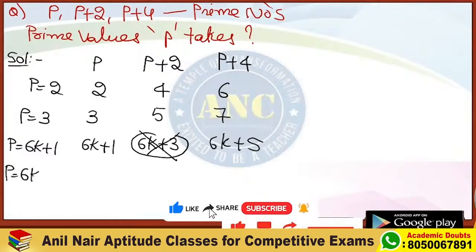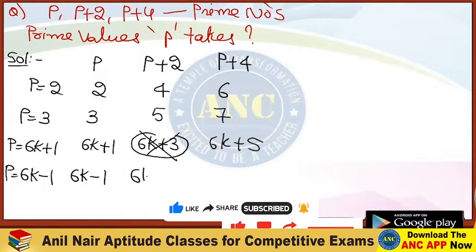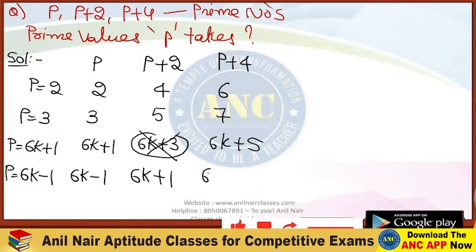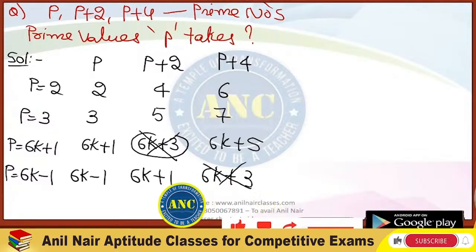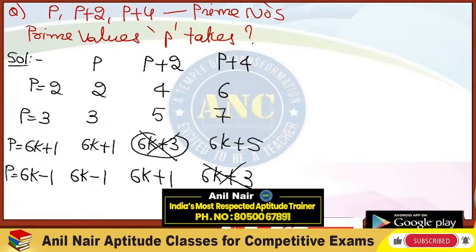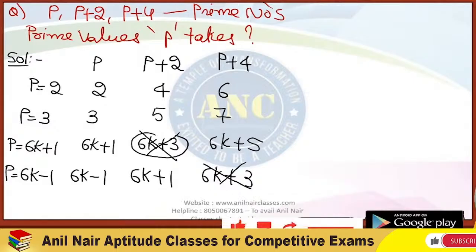Next, 6k minus 1: 6k minus 1, 6k plus 1 and 6k plus 3, and 6k plus 3 is divisible by 3. If P is 6k minus 1, P plus 4 will be divisible by 3. If P is 6k plus 1, P plus 2 is divisible by 3.